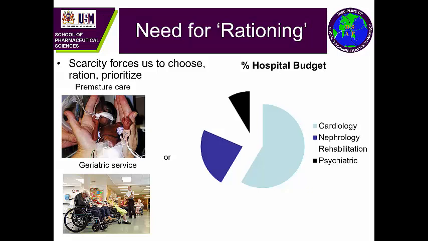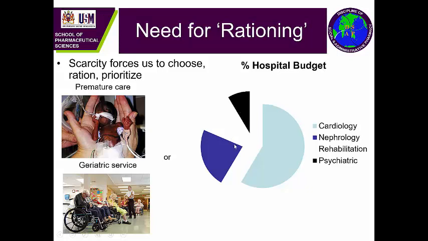So in a hospital budget, for example, it's not like infinite resources. It is just like a pie cake. So each one has their own budget allocation. For example, here you would see the cardiology, the nephrology, the rehabilitation, and also the psychiatry.